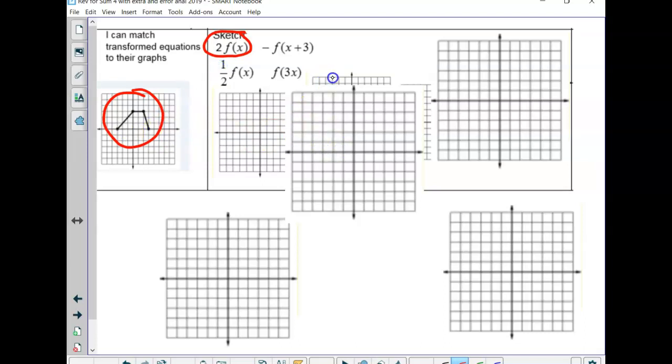So if I put it on this one, it still has an x-intercept of -3 and +3. But instead of going up on the y to 3, it would go up to 6. And it's still going over horizontally because it has not changed horizontally.